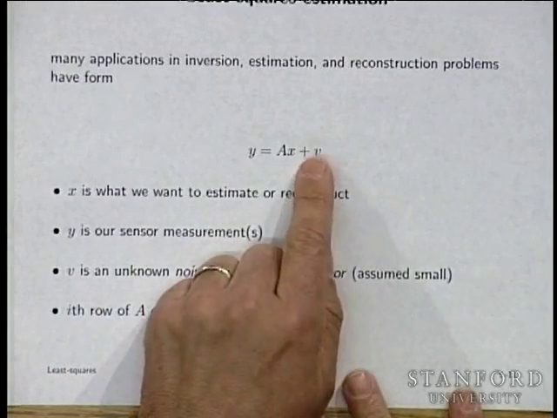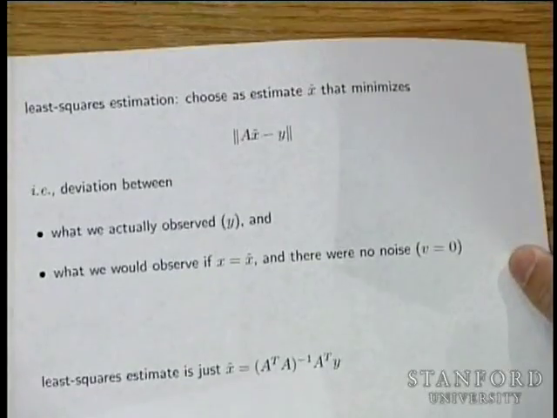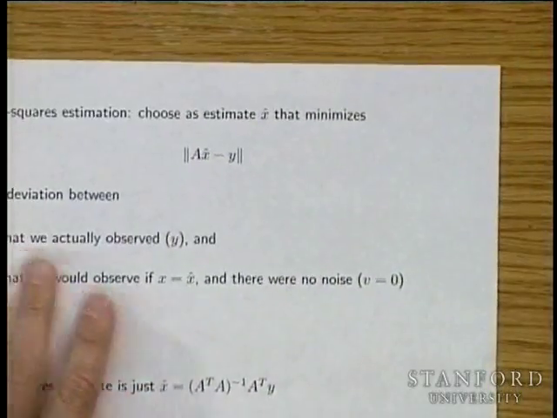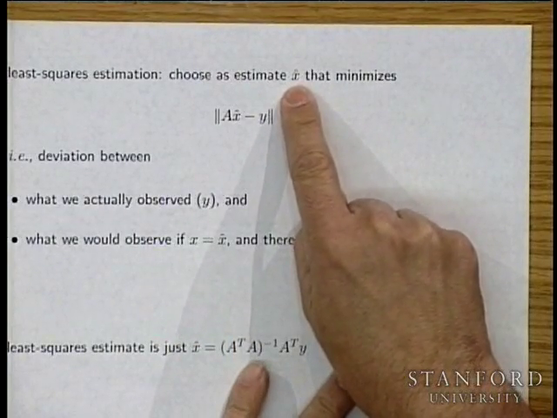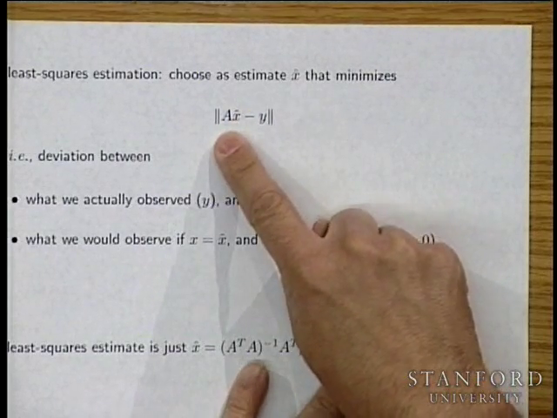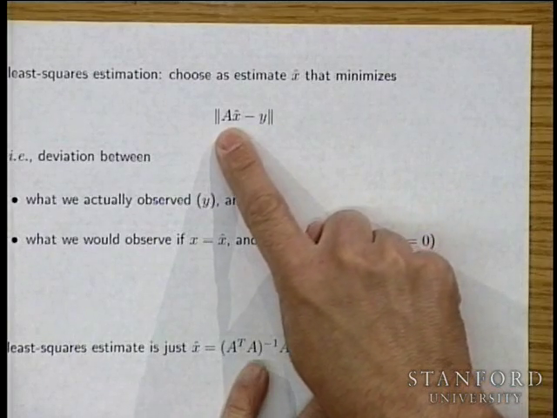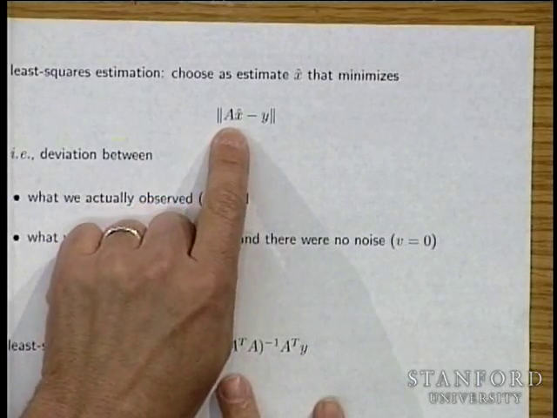And the best effort is going to be, well, we'll see, least squares estimation. Okay. So least squares estimation says this. You choose x hat, that's your guess as to what x is, by choosing x hat to minimize the norm of A x hat minus y. Okay? And A x hat has a specific meaning.